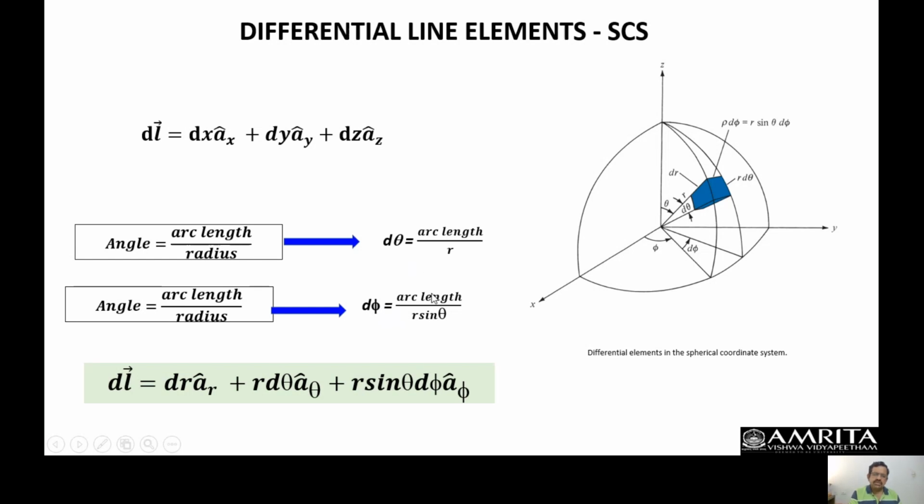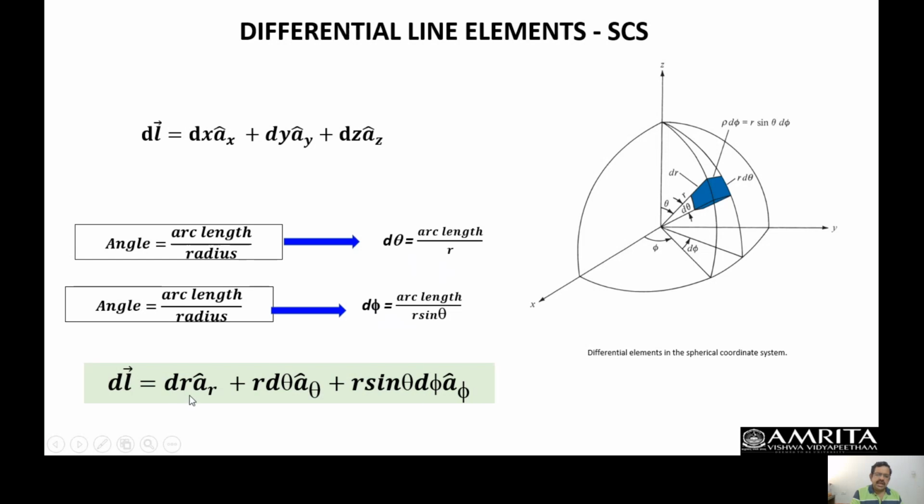So depending on the arc length over here, you take the corresponding projected vector, and here it is the radius. So you can see that for dl, I have taken r d theta along the a theta direction, and r sin theta d phi along the phi direction respectively. So the three coordinates r, theta and phi have the corresponding directions ar, a theta and a phi.